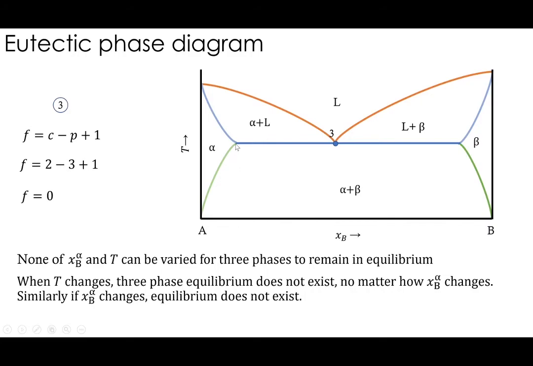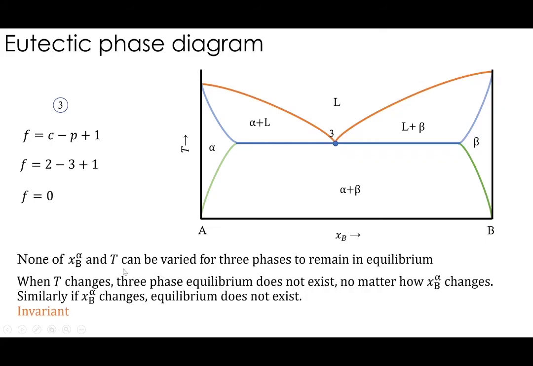Other than this point, we don't have any other alpha in equilibrium with liquid and beta. Only alpha of this composition is in equilibrium with liquid and beta throughout this line. So if that changes, then again the three-phase equilibrium is disturbed.